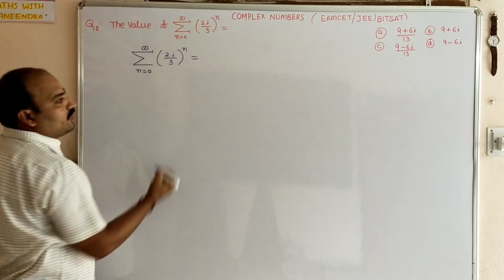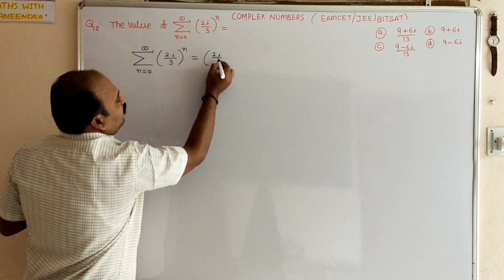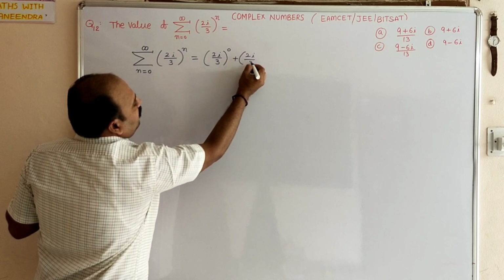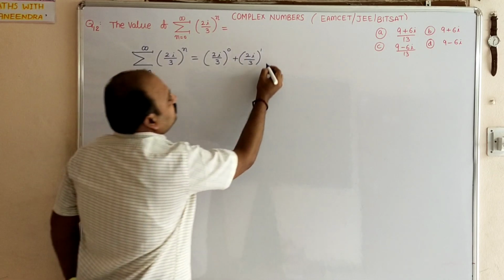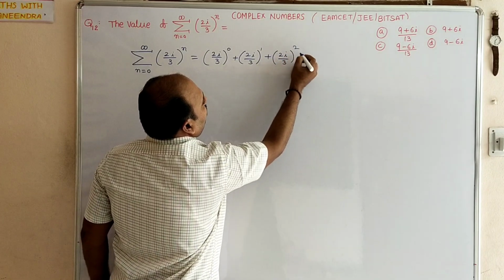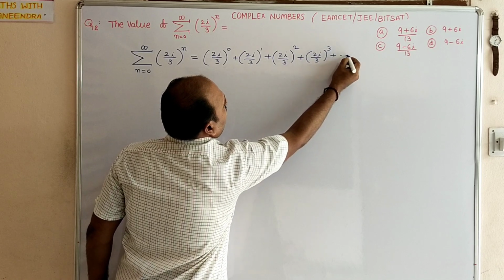First, n is equal to 0: (2i by 3) whole power 0, plus (2i by 3) whole power 1, plus (2i by 3) whole square, plus (2i divided by 3) whole cube, and so on.